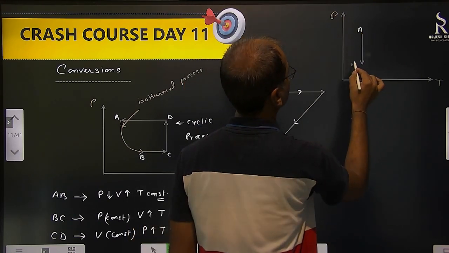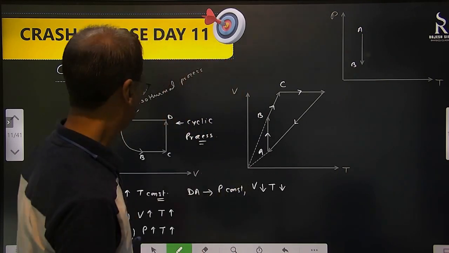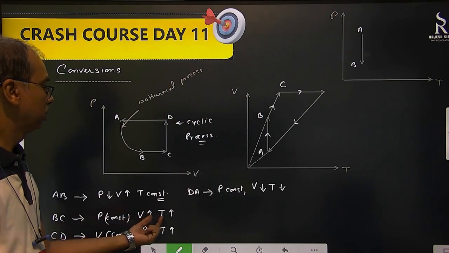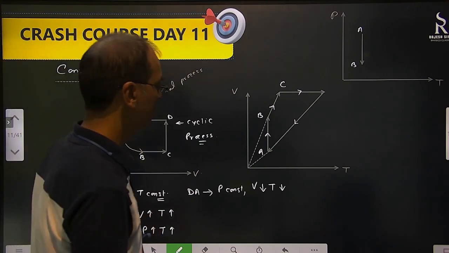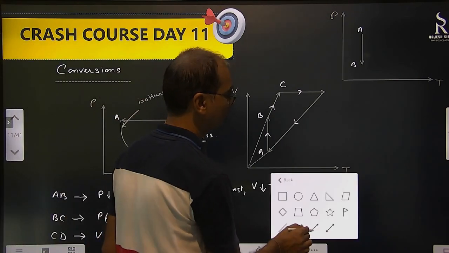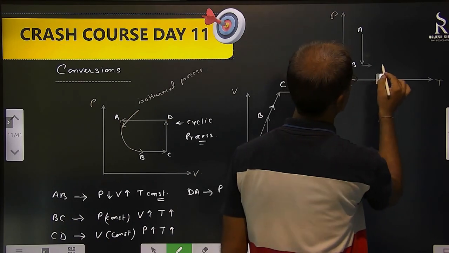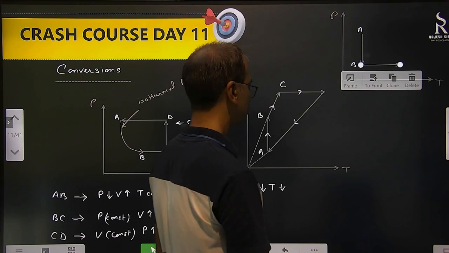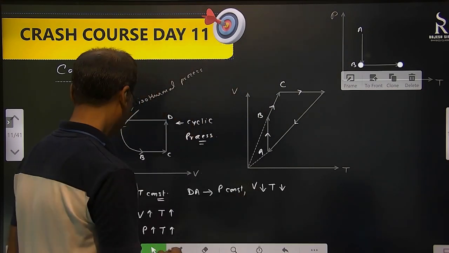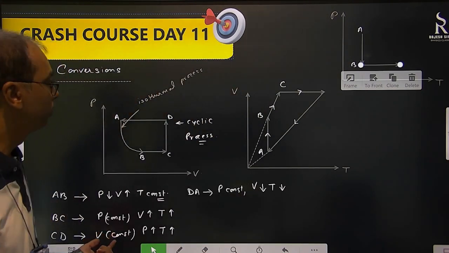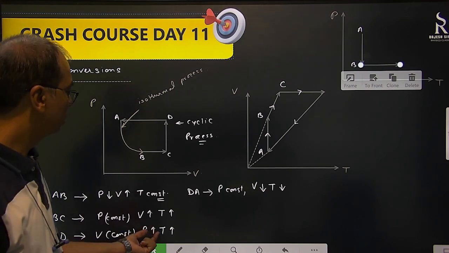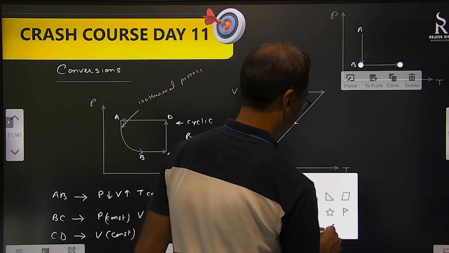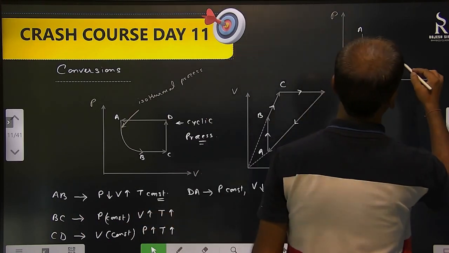This is A and this is B. Then BC: T constant, temperature increases. T constant means like this, temperature increases means like this only. That's BC. Then the next one, V constant, pressure goes up, temperature goes up. So how will that be? That will be like this.